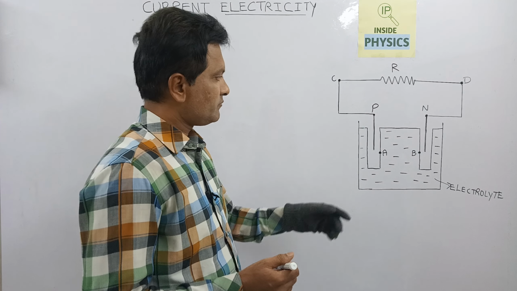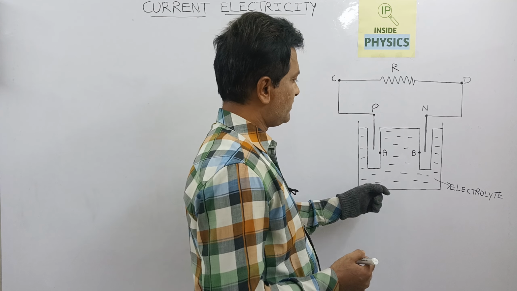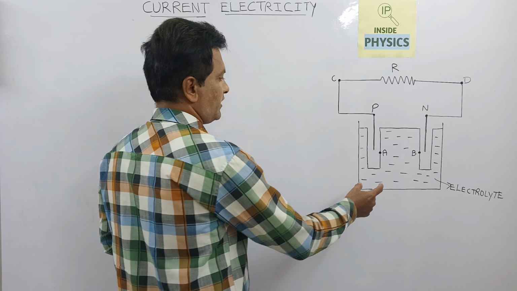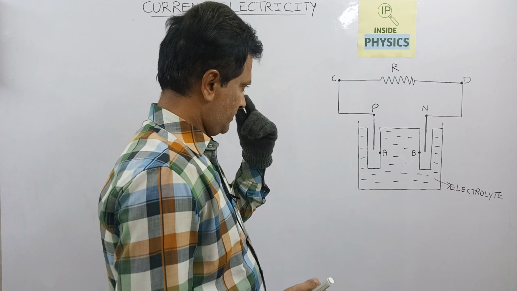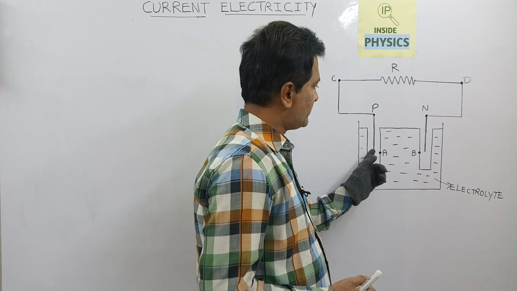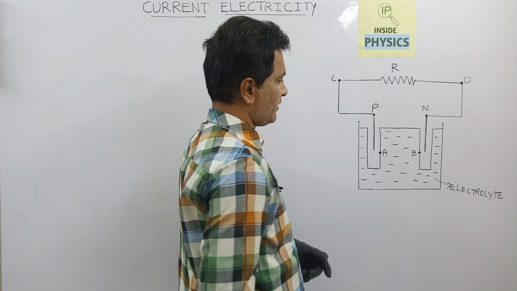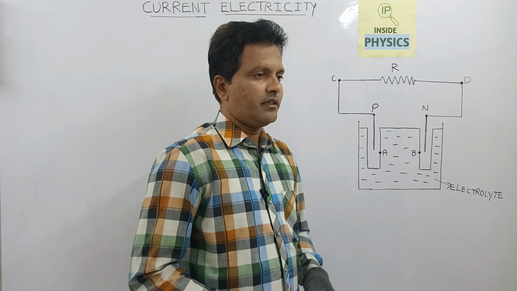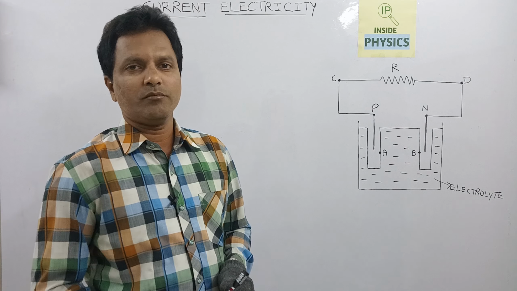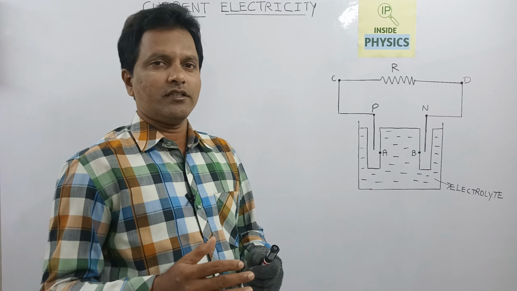So what is a cell? Here we discuss generally the electrolytic cell, which has an electrolyte in a container and two electrodes dipped in the electrolyte. A cell produces the necessary EMF, thereby creating a potential difference across the circuit it is connected to.